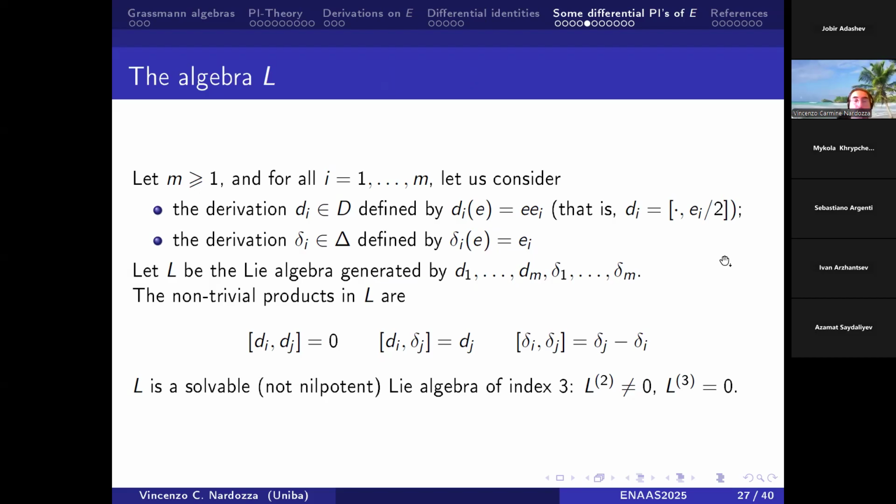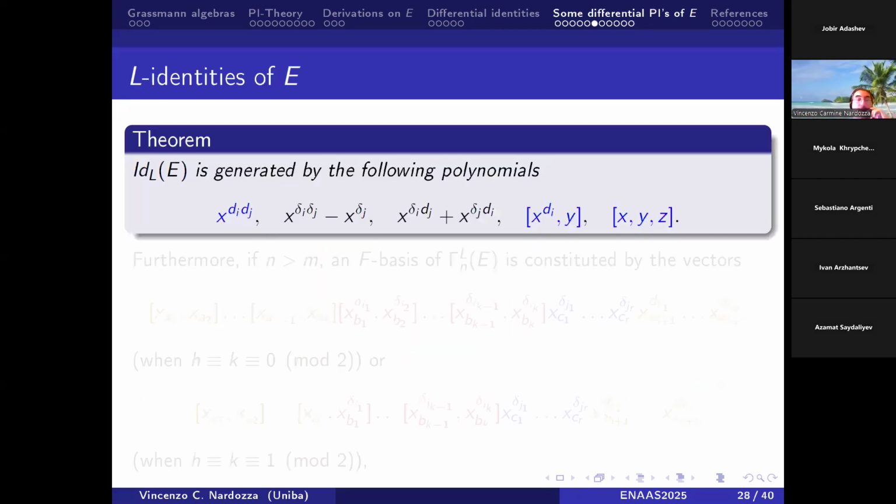Okay, so we get 2m derivations. M of them are in D, m of them are in delta, and they generate a Lie algebra whose non-trivial products are simply summarized in this line, thus getting a solvable, not abelian, solvable Lie algebra of index 3. And this algebra acts on E and gives rise to the following description of the differential polynomial identities.